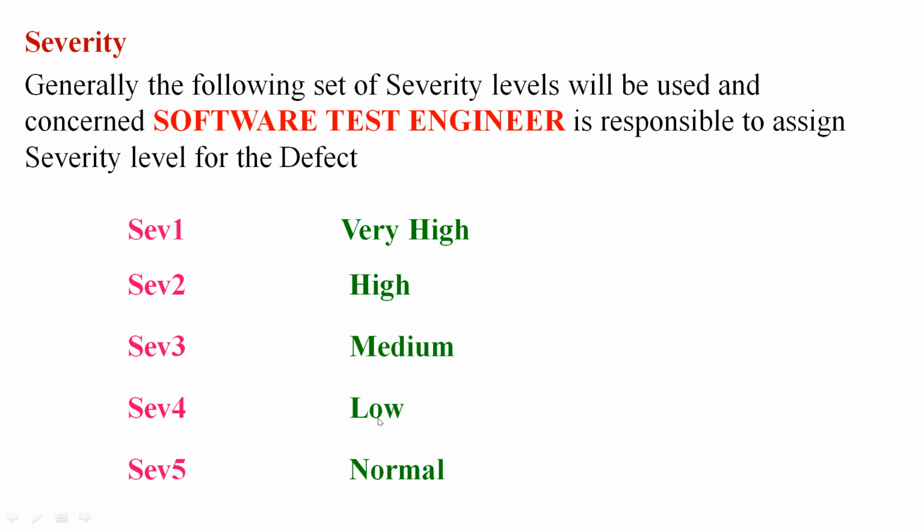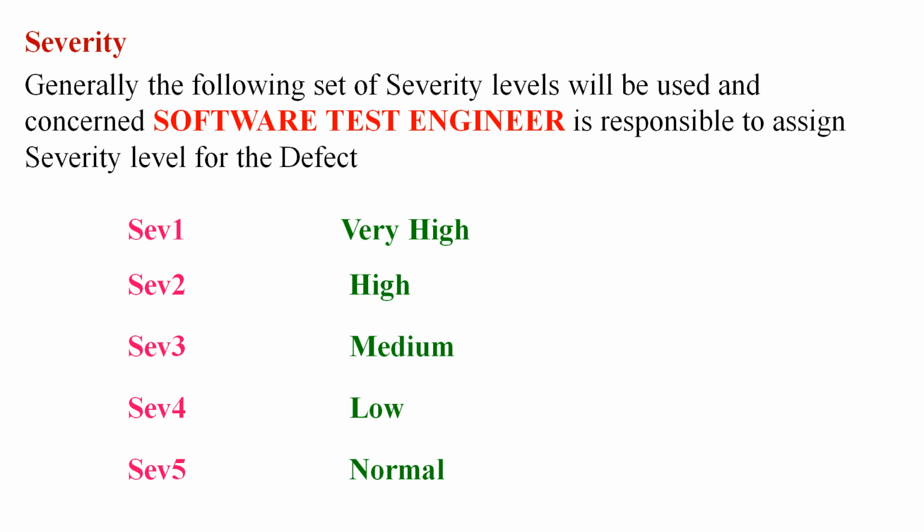So now you may get a doubt: which set of severity levels are we supposed to use for the project? This is also an interview question. This will be mentioned in your test plan document. Test plan is a high level document.